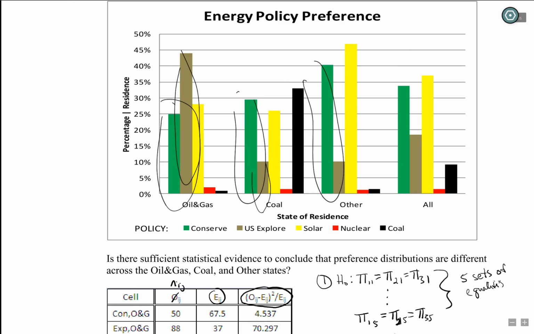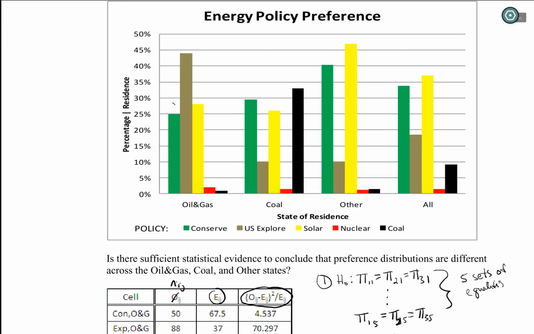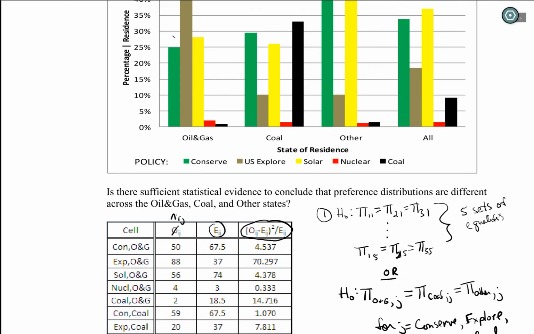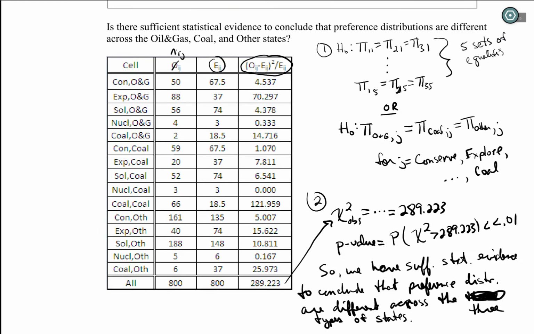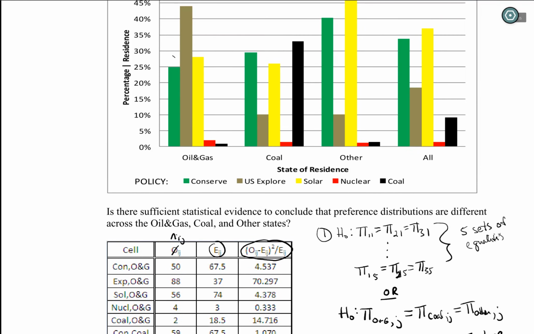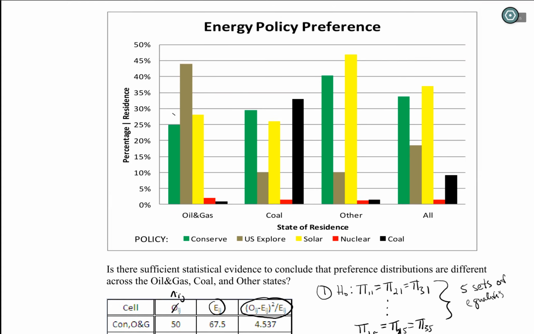So this is a formal test that checks to see, is this difference just a result of variability in the samples, or is it a consequence of something deeper about differences between these 3 types of states? And so the evidence suggests that the preference distribution really is different across the 3 types of states.